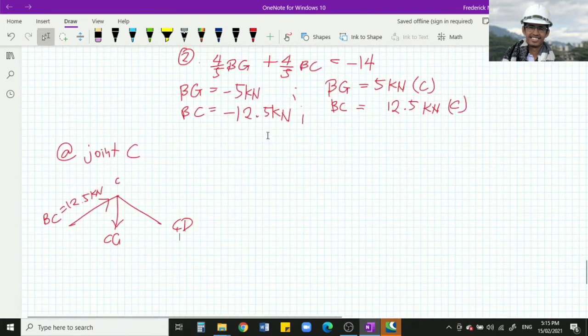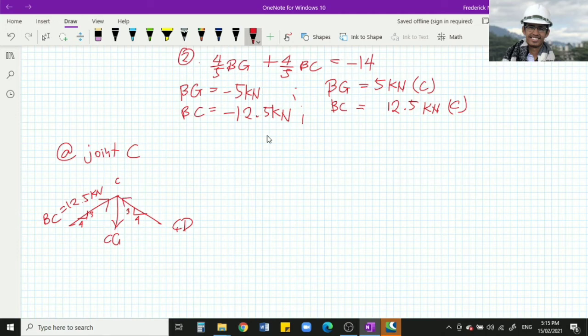So same din ito. Ang slope nito is 3, 4, 5, 3, 4, and same din to 3, 4. Therefore, dahil symmetrical sila, kung ano yung value ng force natin dito sa BC, yun din yung magiging force natin dito sa ating CD, no? Pwede nyo ring i-check, mag-summation at forces horizontal and vertical din kayo.